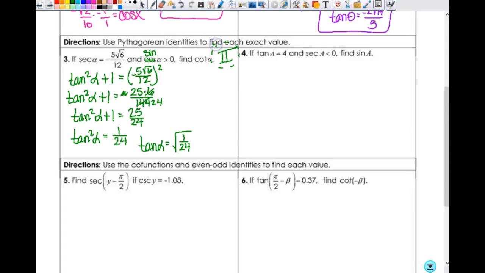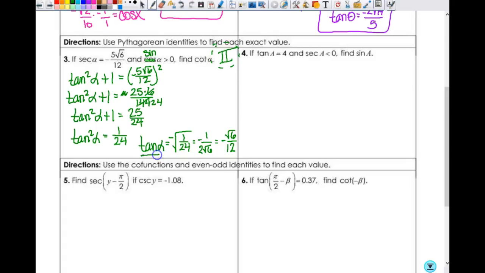This is why this matters. In quadrant 2, tangent is negative, so this is negative right here. And then I need to clean this up. The square root of 1 is 1, so I get negative 1 over the square root of 24, which simplifies to 2 square root of 6. When I rationalize this, it gives me negative square root of 6 over 12.